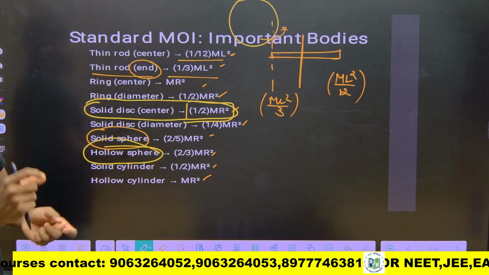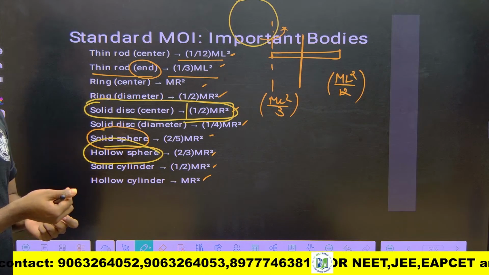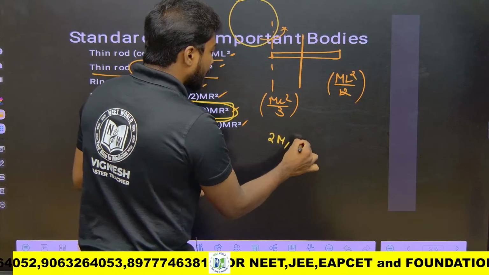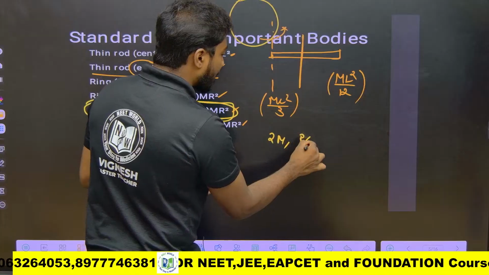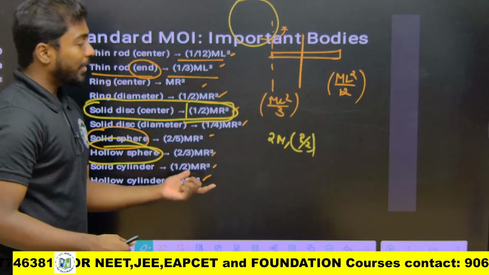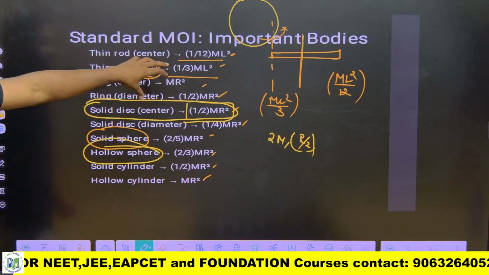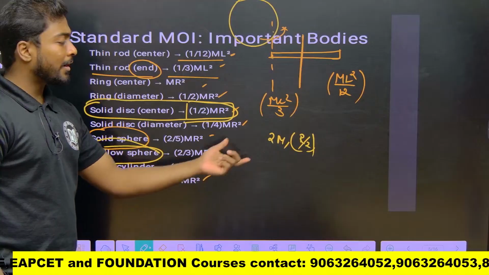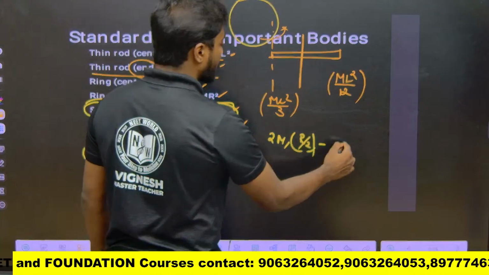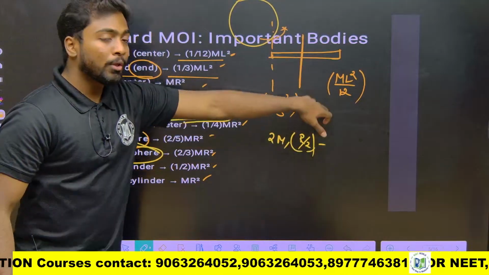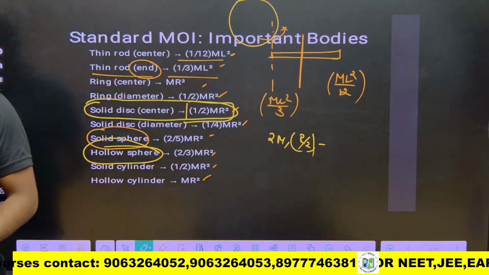Now if some part has been removed, for example 2m and radius r by 2 has been removed, what can I do? Same thing. Initially the moment of inertia is 2 mr square by 3. Again I need to subtract 2m into r by 2 the whole square by 3. That's it, guys.